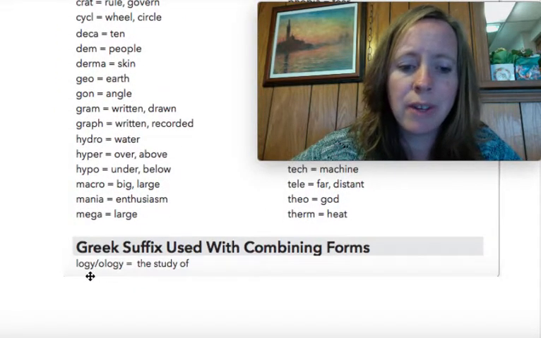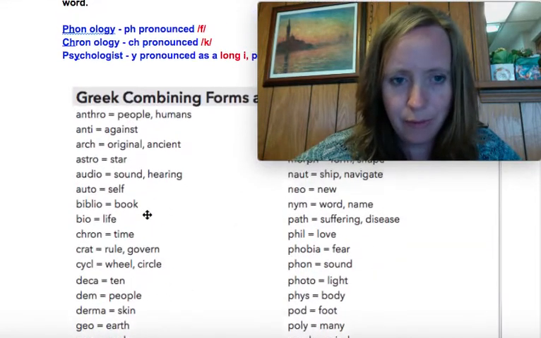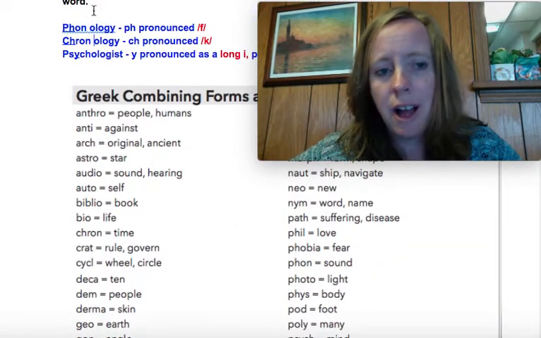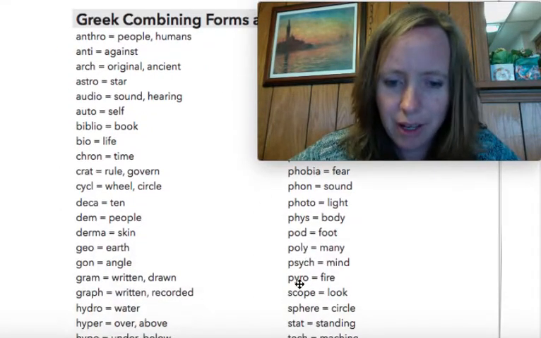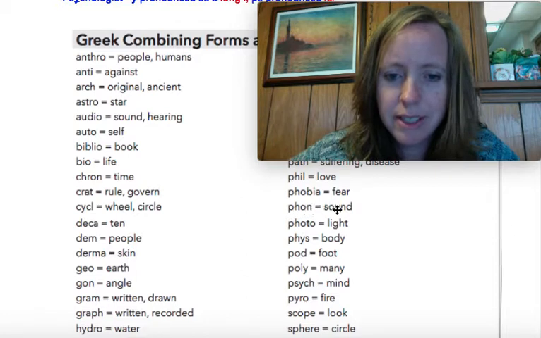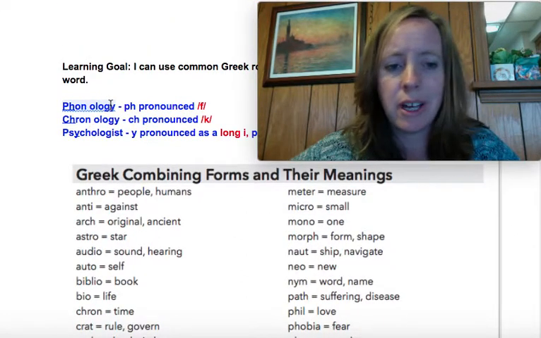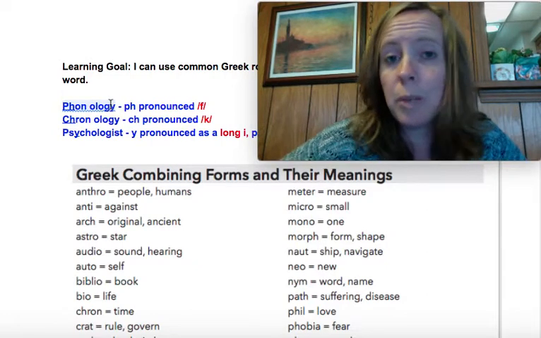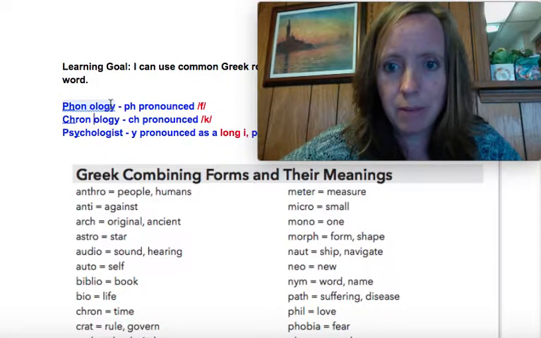This Greek suffix, logi or ology, means the study of. So it would be the study of whatever phon means. Let's see. Phon means sound. So phonology is the study of sound. Like when we learn about phonics in school, the sounds that a word makes.